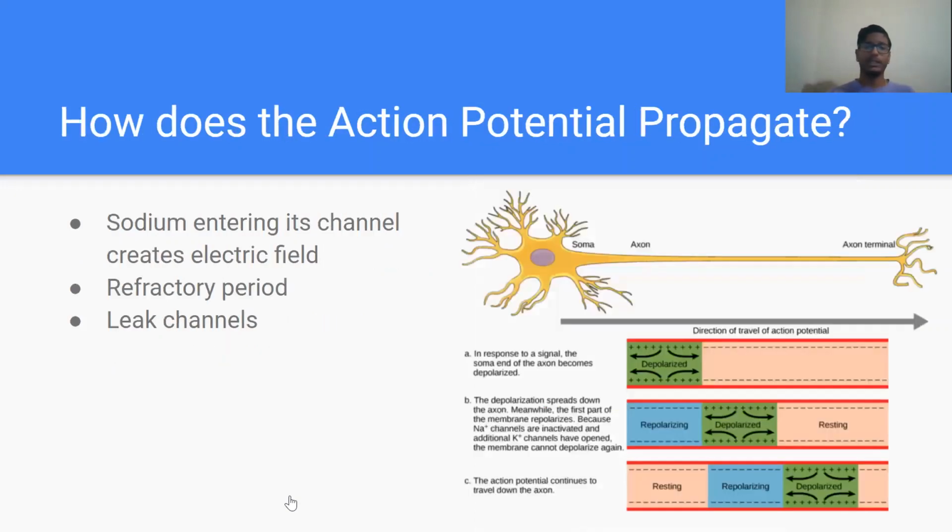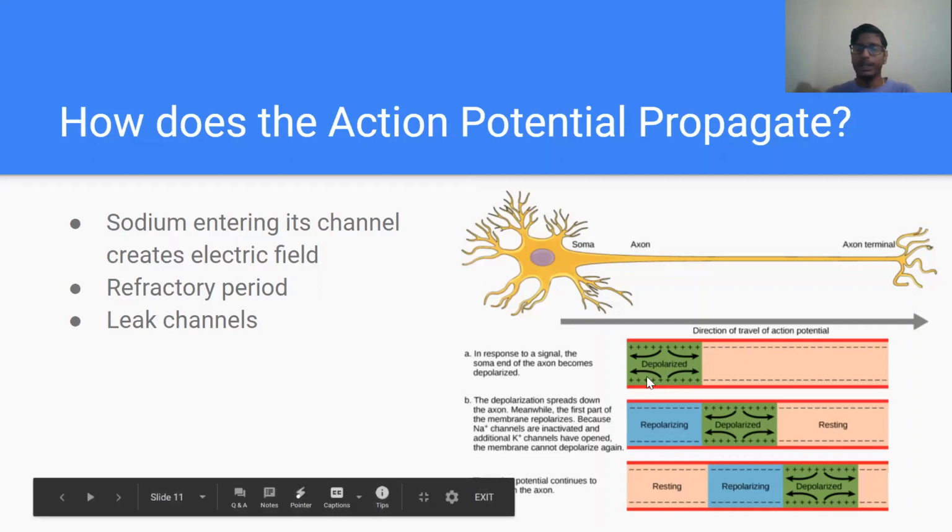And so when it's propagating, the sodium entering its channel creates an electric field that travels through the hydrophobic part of the membrane, so the tails, and it activates the neighboring sodium channels.